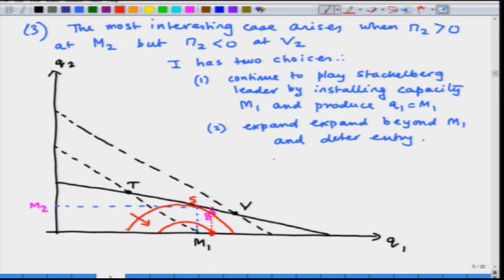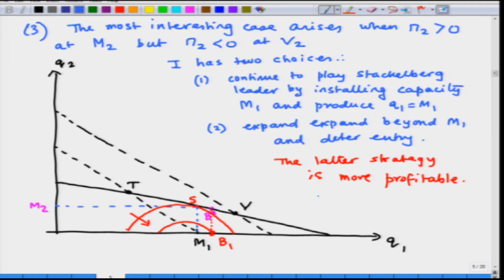So, here is a case where the latter strategy is more profitable, right. So, the incumbent's isoprofit curve is at a higher level by choosing a level of capacity at B star, or let us call it B1 if you like, and it produces an output level equal to B1, greater than what a Stackelberg leader would produce, which is M1, and would deter entry.